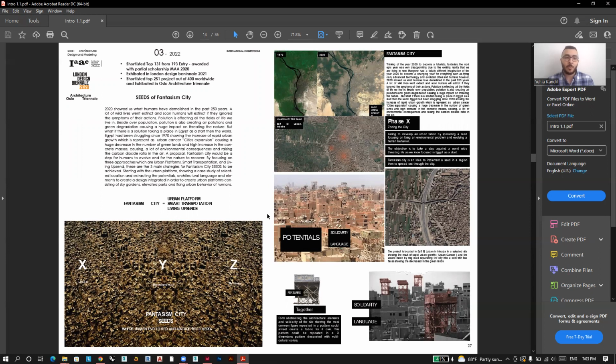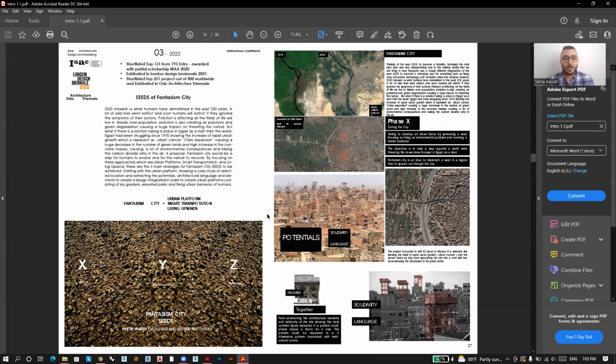This project was awarded four times, and I was awarded a scholarship at the IAAC Institute in Barcelona with it. It was published at the London Biennale, and it was also published in a magazine.